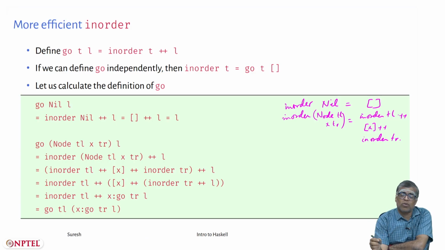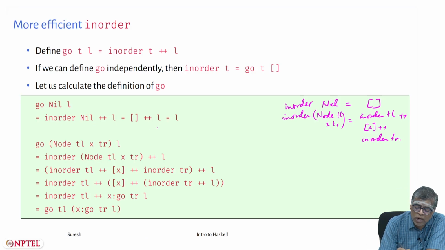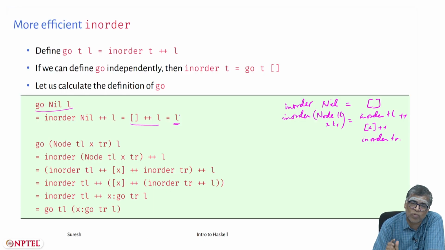Okay, so in order nil is empty list, so this is empty list plus plus L, so that is L. So you can define go nil of L to be L, and this does not refer to in order at all anywhere. You can just take the leftmost and rightmost steps and take that as the definition of go nil L.